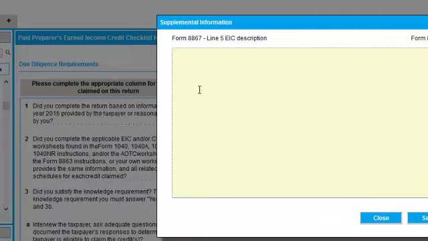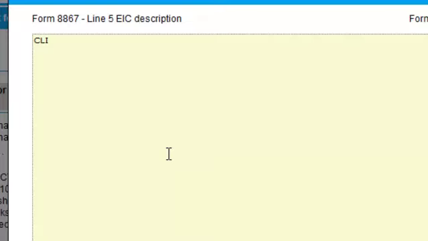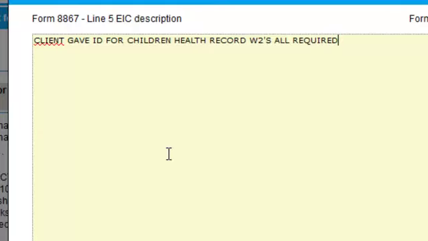And what I usually just put in: client gave ID for children, health record, W-2s, all requiring documentation.